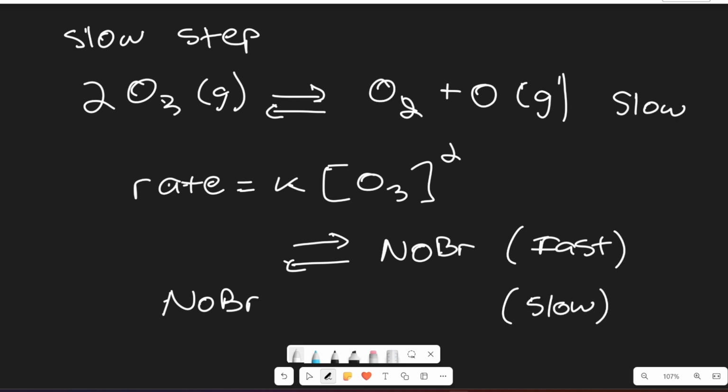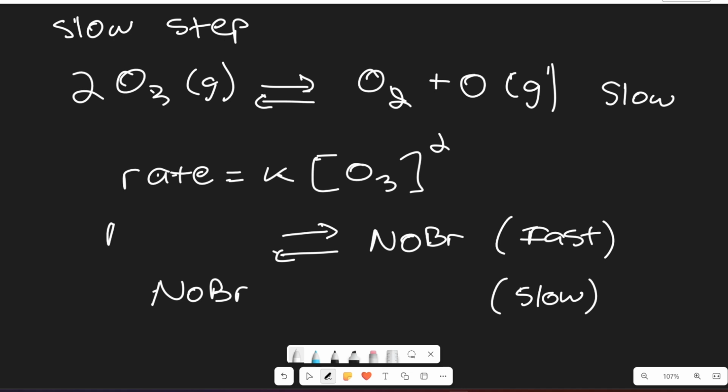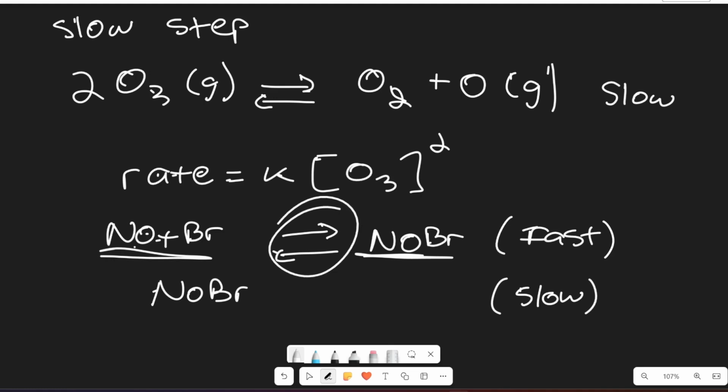So that's our slow step there. Because we have a reversible reaction here, let's say that this was just NO plus Br here. Well, we can essentially substitute this for this over here in our rate law, because this is a reversible reaction.